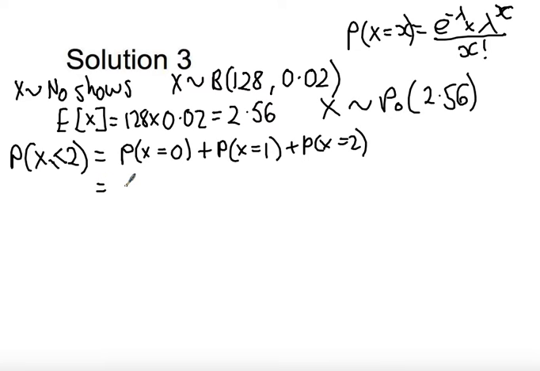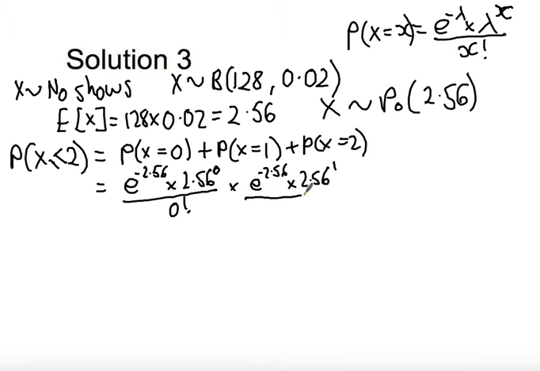First of all, we write out e to the power of minus 2.56 times 2.56 to the power of 0 over 0 factorial, plus e to the minus 2.56 times 2.56 to the power of 1 over 1 factorial, plus e to the minus 2.56 times 2.56 squared all over 2 factorial.